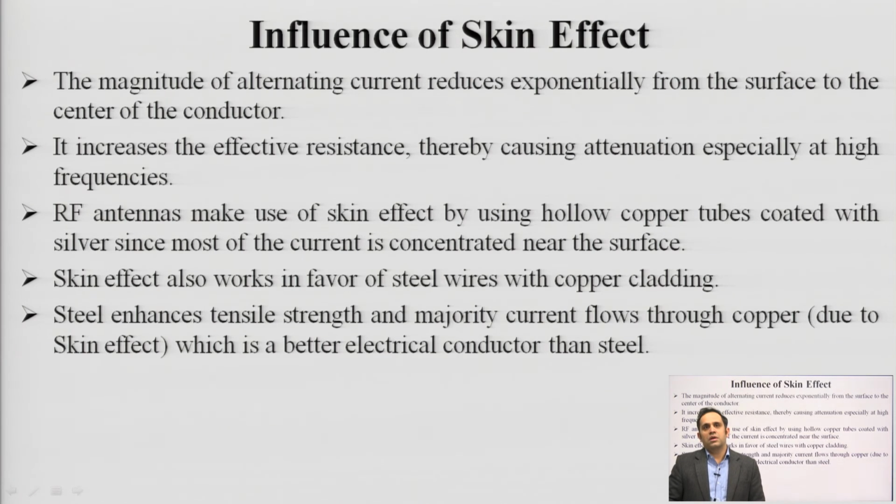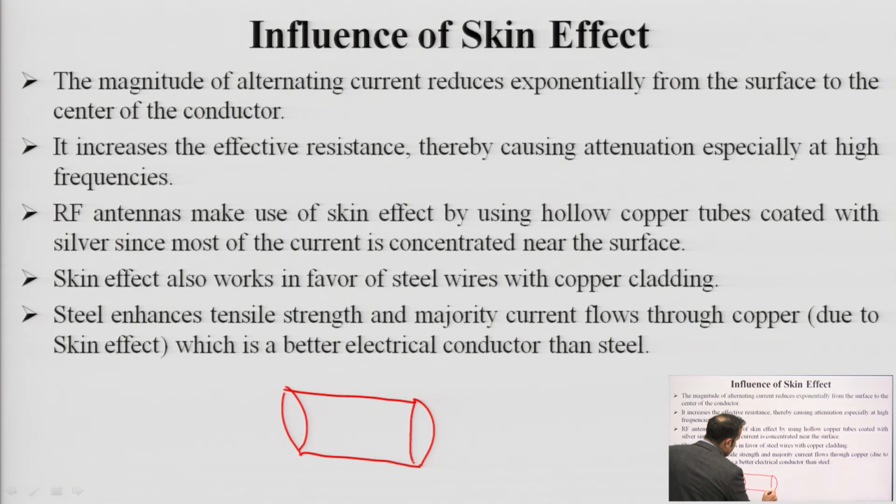In the radio frequency area, you use various RF antennas or a lot of cables for transmitting RF signals. These antennas actually make use of the skin effect by using what is known as a hollow copper tube. So, you are going to have some copper tubes, and a majority of the area is going to be hollow inside.